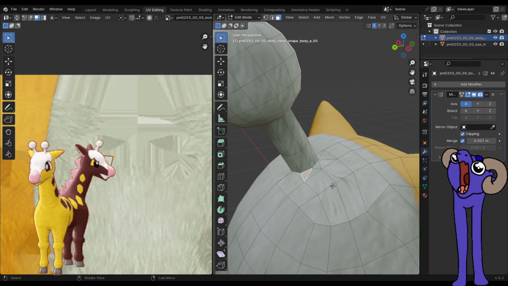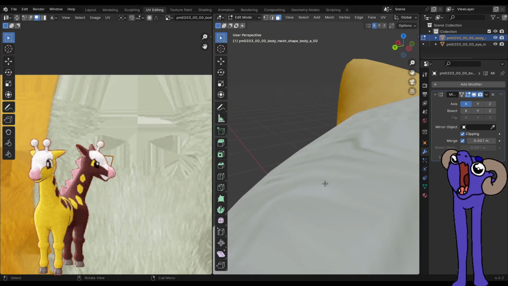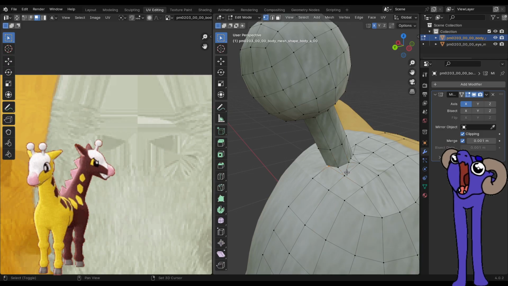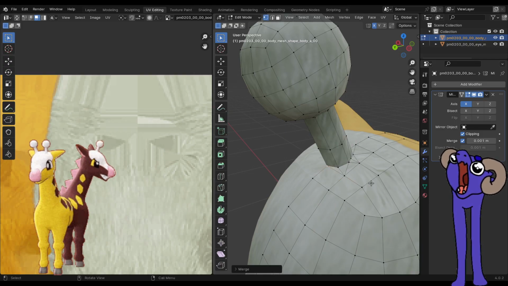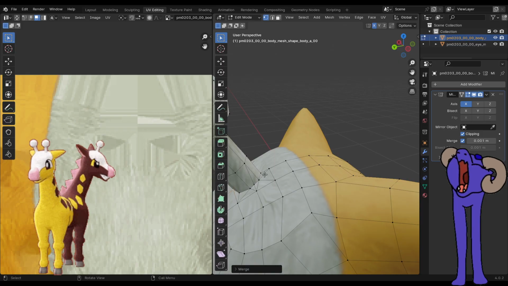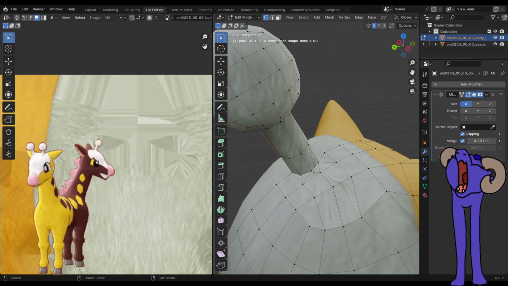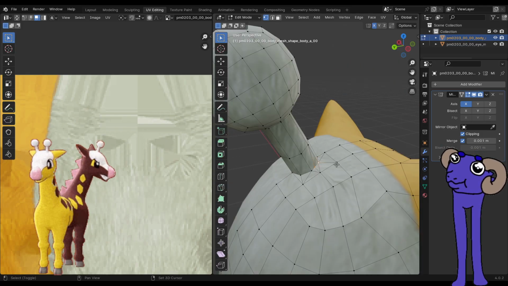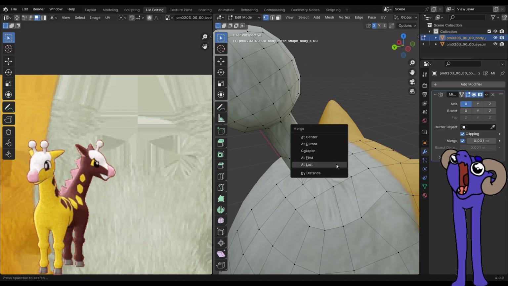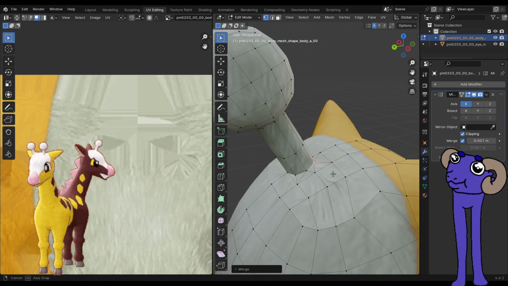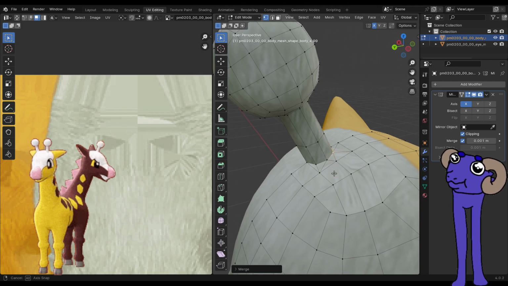No, okay, there's not hidden faces inside of there, it's just being weird. I said though, we can absolutely merge these together. Make sure we've got fewer polygons than we need. And merge at last. Reduce that a little bit.